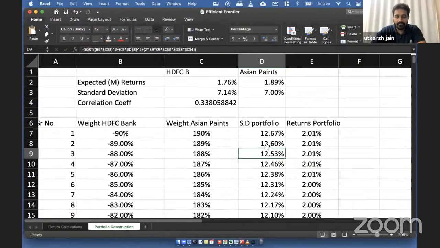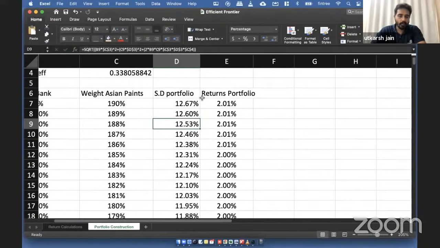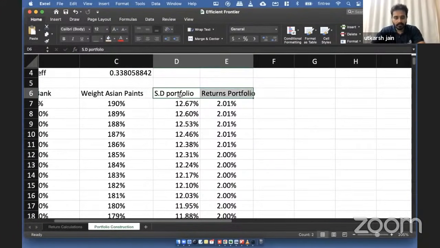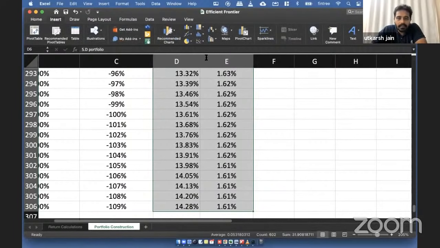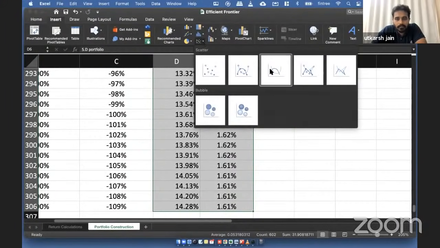Gear up. We're reaching very close to where we wanted to reach. It's very simple. I'm going to select the standard deviation and the return of the portfolio. And I'm going to try and insert, I don't know, what should I insert? I'm going to try and insert a simple curved scatter plot.